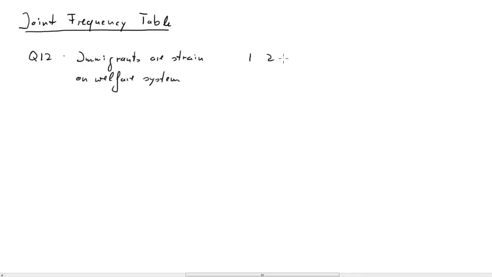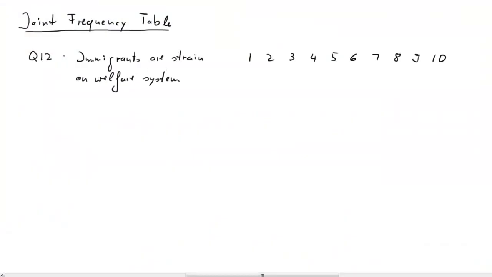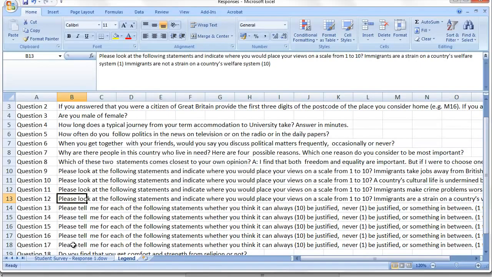And the answers can be from 1 to 10, where, let us check that again, 10 implies that a respondent doesn't think they are a strain, and 1 implies that they are a strain.